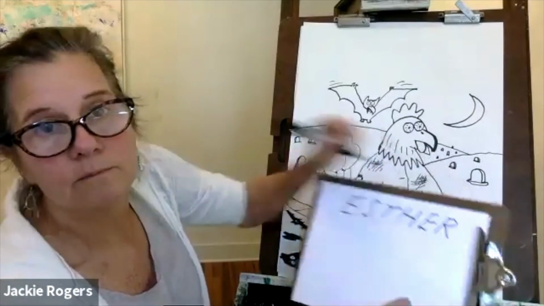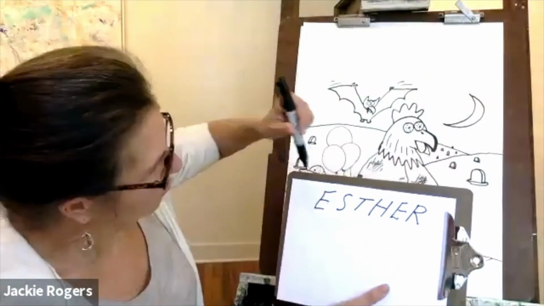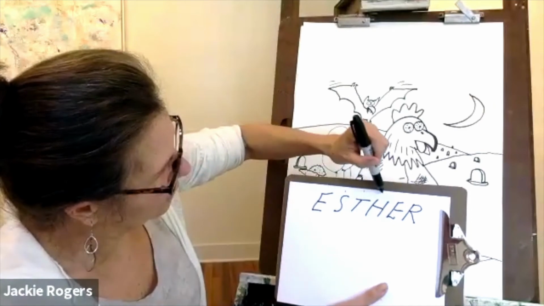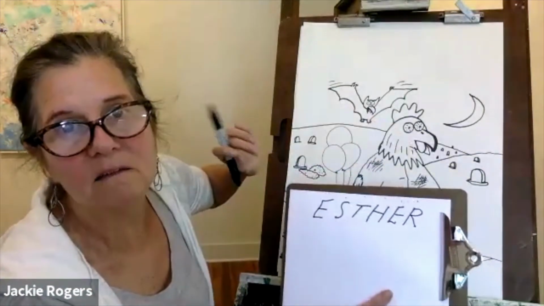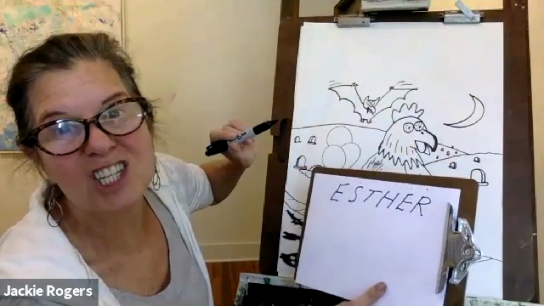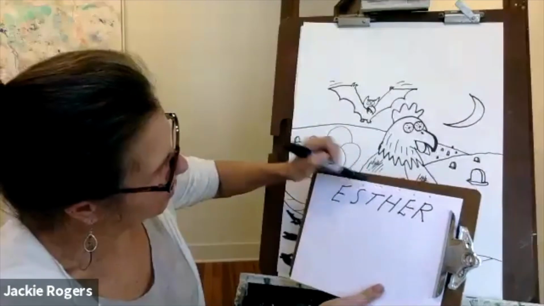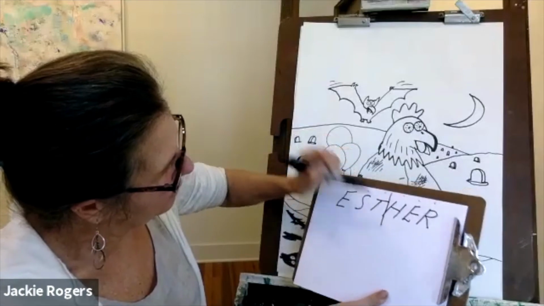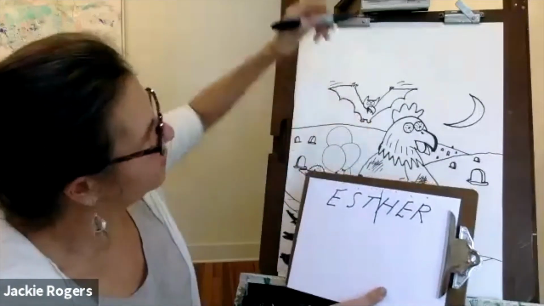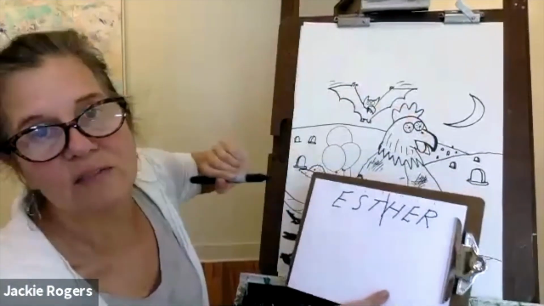E-S-T-H-E-R. Okay, and I'm going to count 1, 2, 3, 4, 5, 6. Half of 6 is what, Aiden? Half of 6. 3. Yeah, so I count 3 letters, 1, 2, 3, and there is the middle. So I have 3 letters on one side and 3 letters on the other, okay?